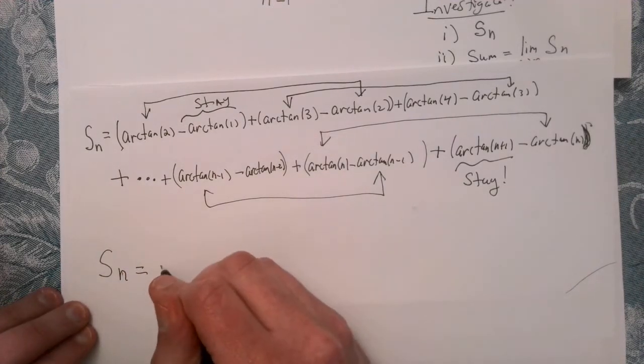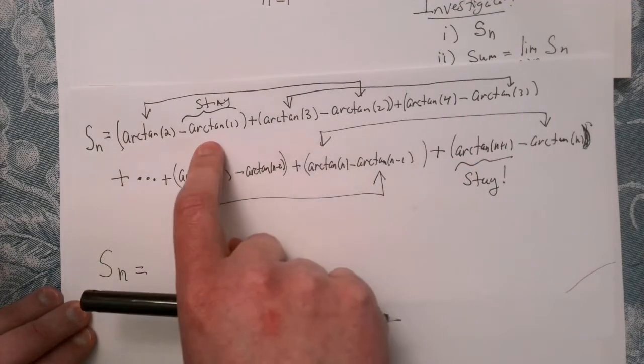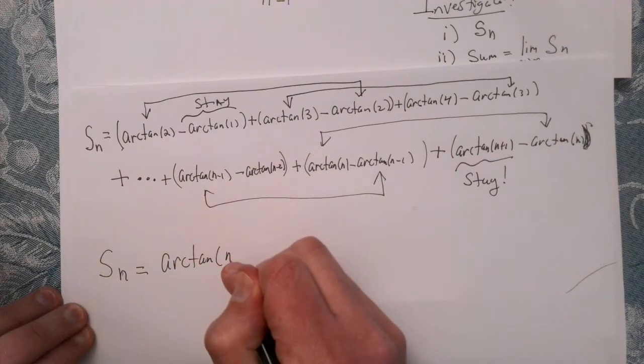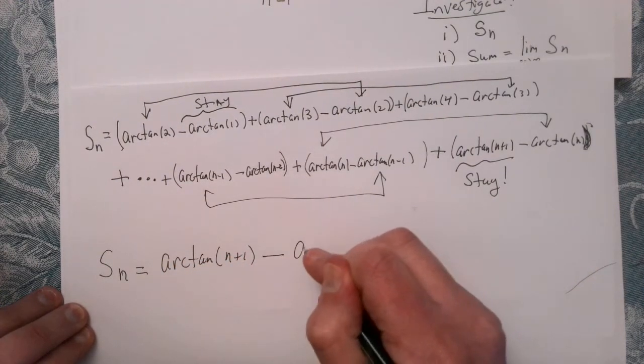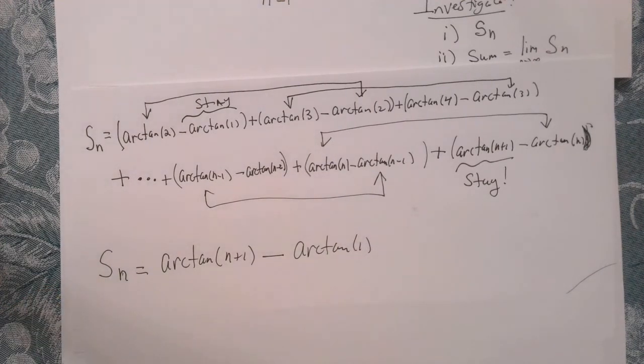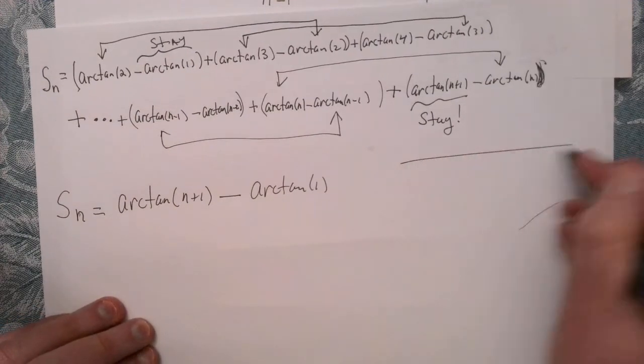So S sub n is equal to, let's write this with a positive term first so we don't have a hanging negative. So we're going to have the arctan of n plus 1 minus the arctan of 1. But where have I seen the difference of arctans before? Well, we just proved that, right?